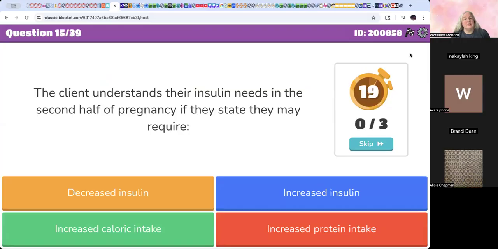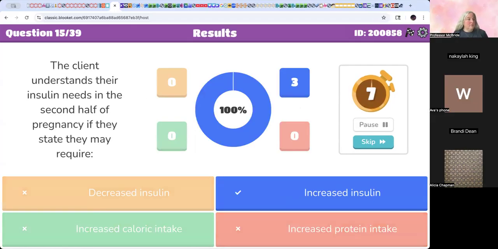The client understands their insulin needs in the second half of pregnancy if they state they may require more. So we talked about this at the beginning with diabetes, when we were discussing diabetes before we started the game. Okay, good. In the second half of pregnancy, their insulin needs go up. Do you remember why? There's a baby.